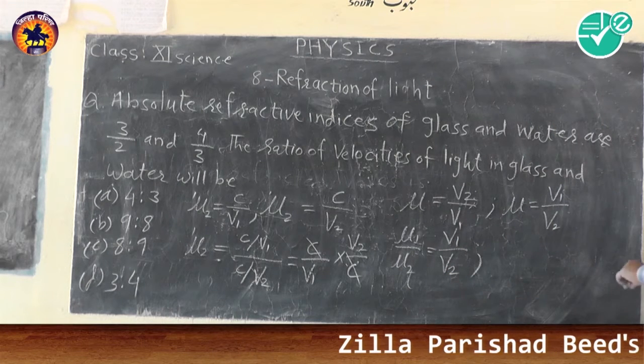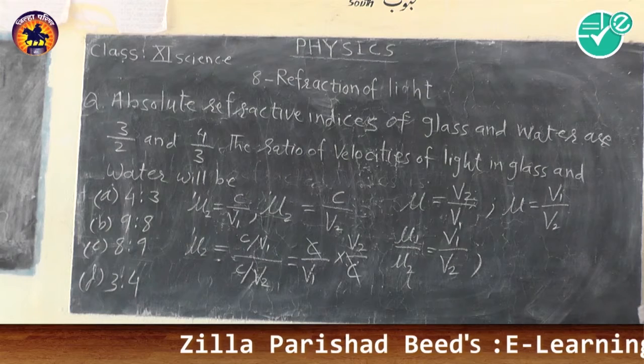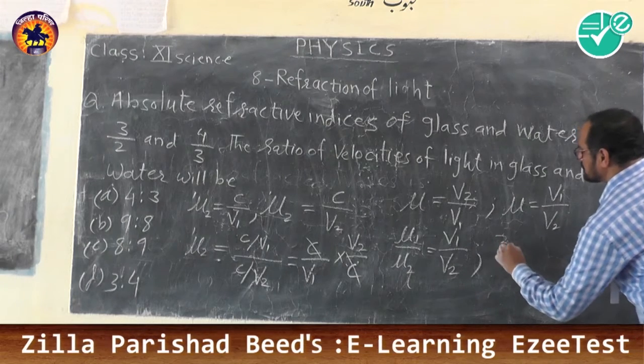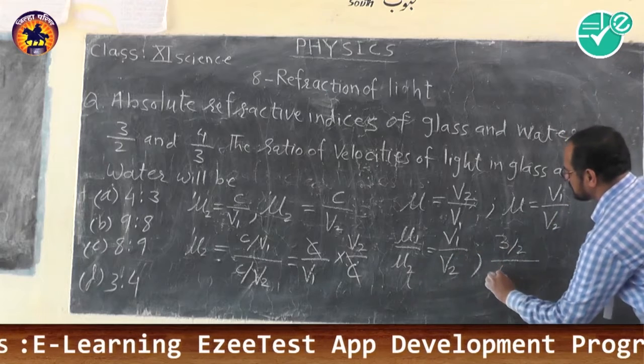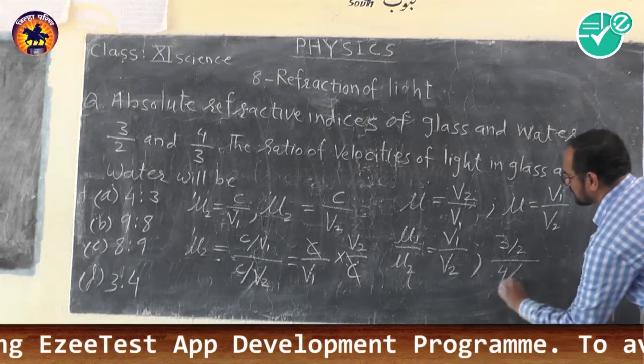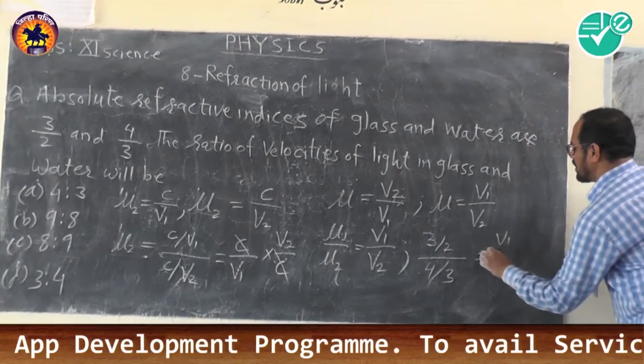Now we substitute the value of mu1, that is 3 by 2, upon the next value, 4 by 3, is equal to v1 upon v2.